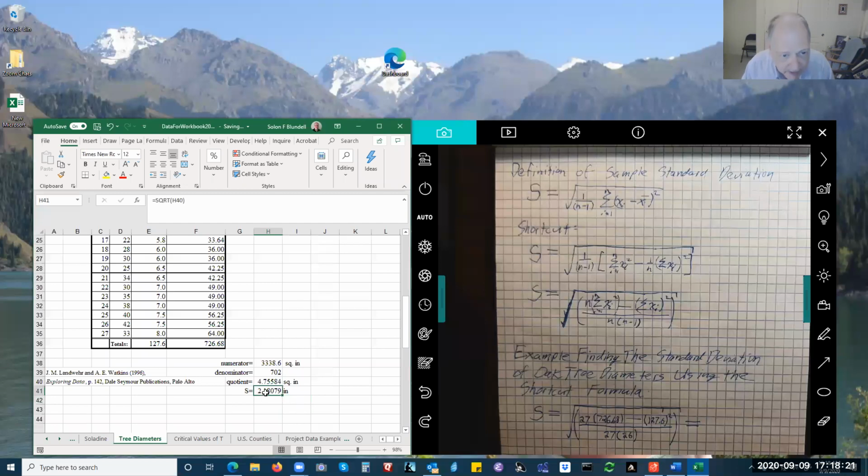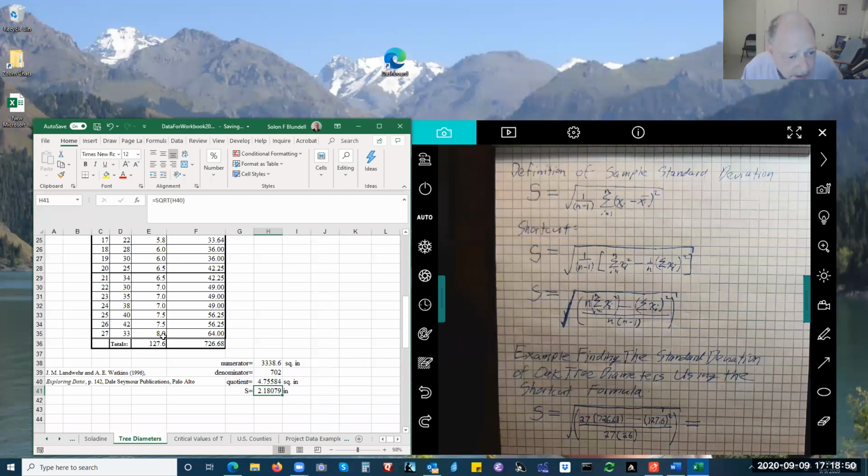And we have a rule about the accuracy of the sample statistics. You keep one more digit than the original data had. That's true for the mean and the median and the quartiles and the standard deviation, the interquartile range as well.